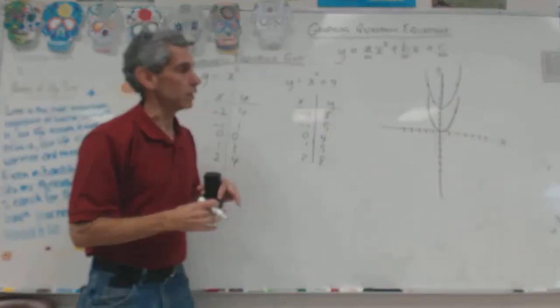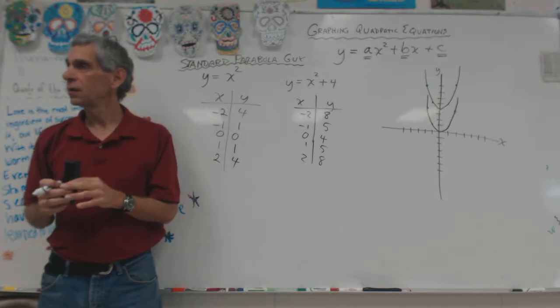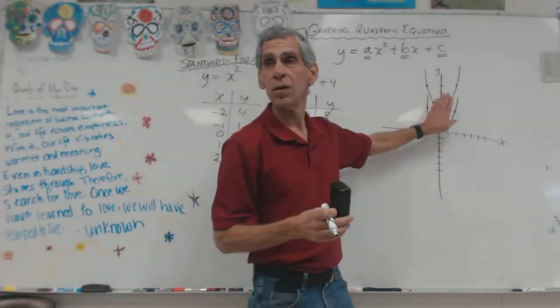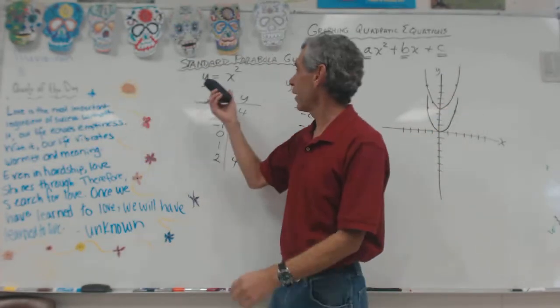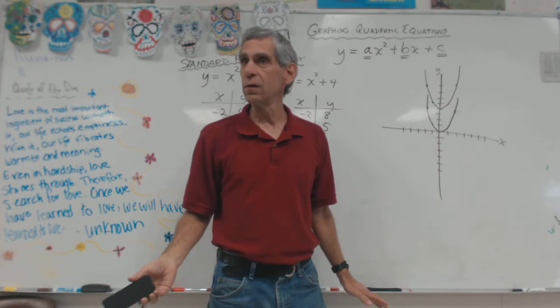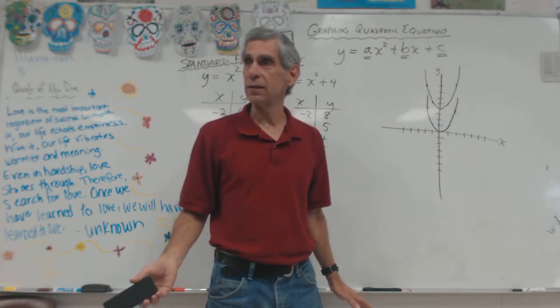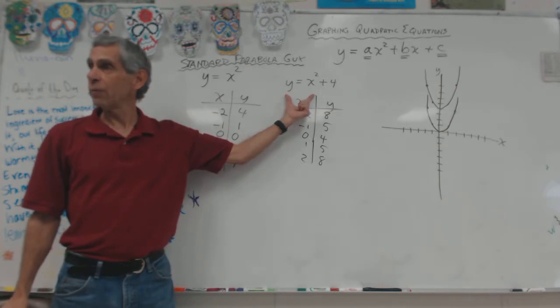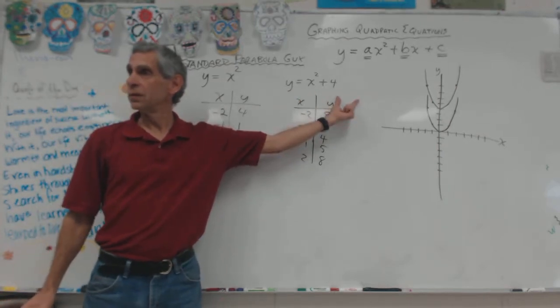Oh, that's interesting. Look at that. All I did was I moved standard parabola guy, y equals x squared. All I did is what? I moved him up 4 places. That's it. All this says is it's standard parabola guy up 4 places.